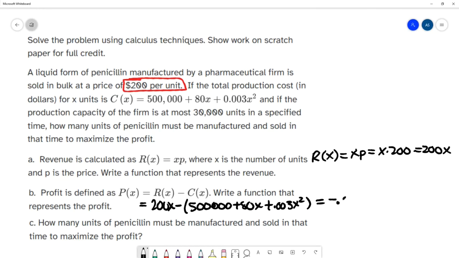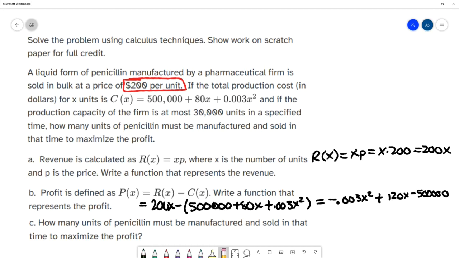This will give us negative 0.003X squared. We have a positive 200X and a negative 80X combining together to be a positive 120X, and then a negative 500,000. So this gives our function representing profit.